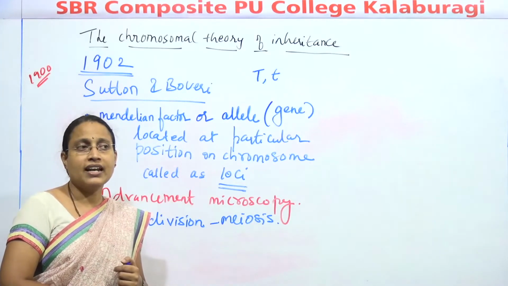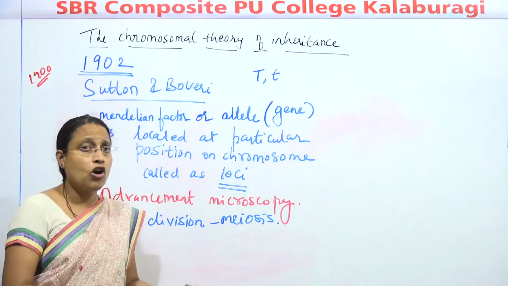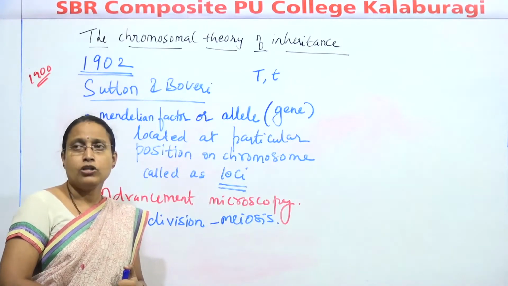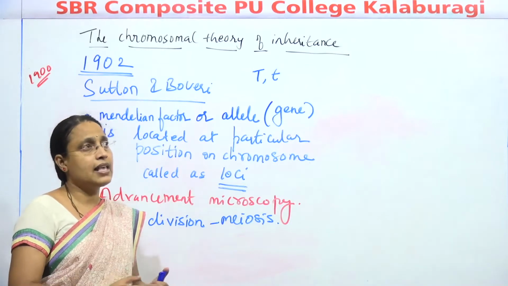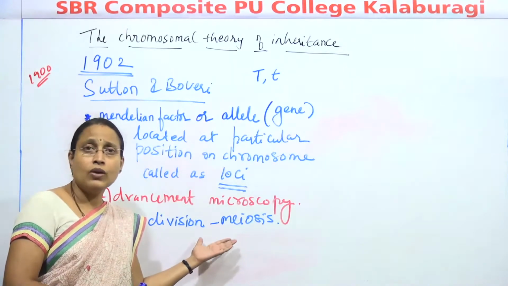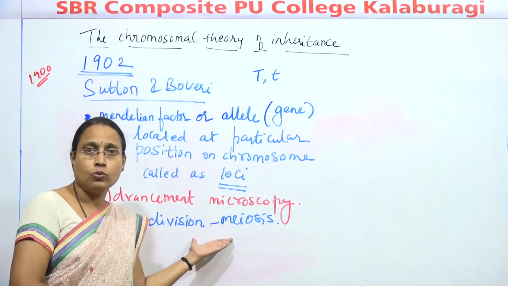He was studying the development of sea urchin, and he noticed that if chromosomes are not there, the sea urchin will not undergo any development. So he concluded that for inheritance of characters as well as development of the embryo, what is necessary is the nucleus and the material present inside it, called chromosomes.